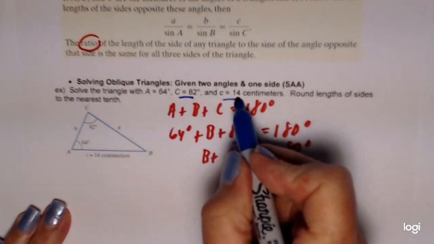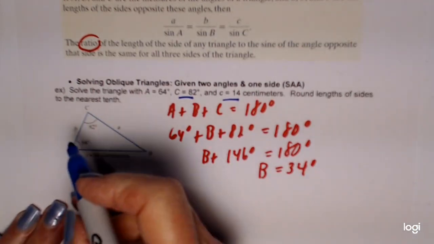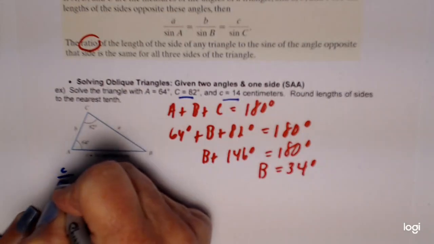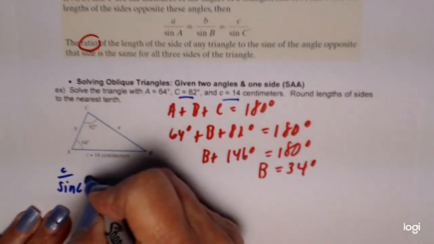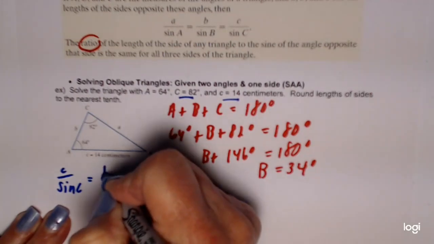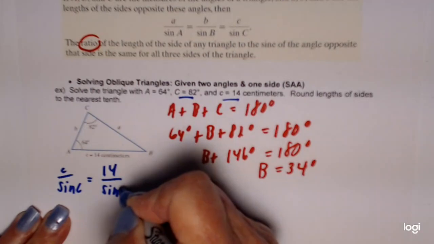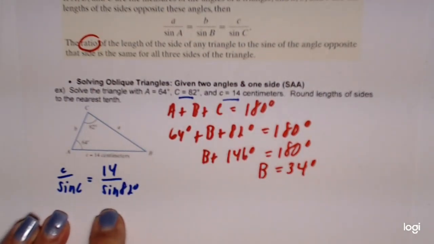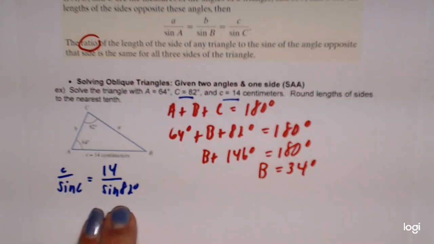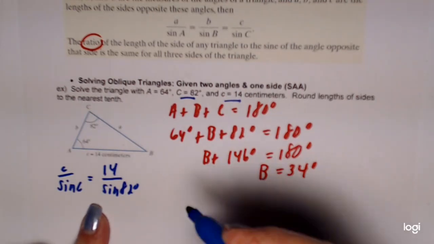Well, we have angle C and side c. So that's the ratio we're going to start with: c over sine of C, and from our particular example, this is 14 over the sine of 82 degrees. We always start with the information given for our ratio. And now we can either solve for a or b first. I'm going to solve for a.